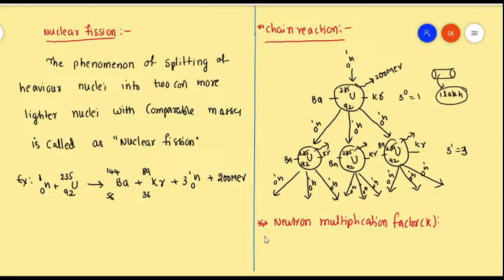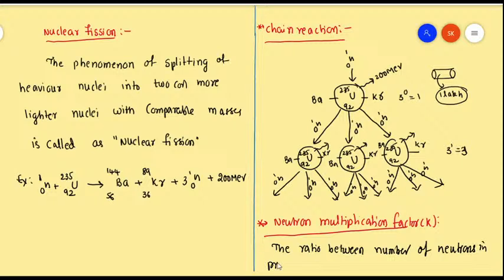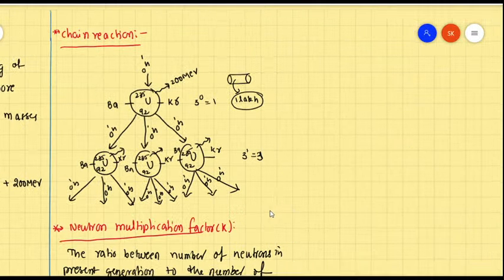It is the ratio between the number of neutrons in the present generation to the number of neutrons in the previous generation.